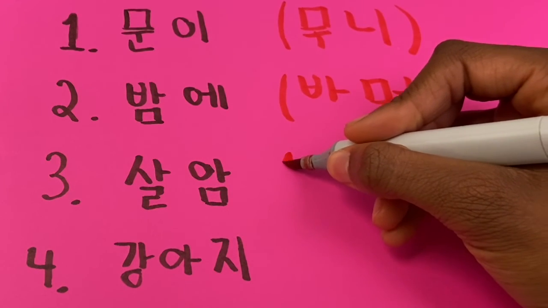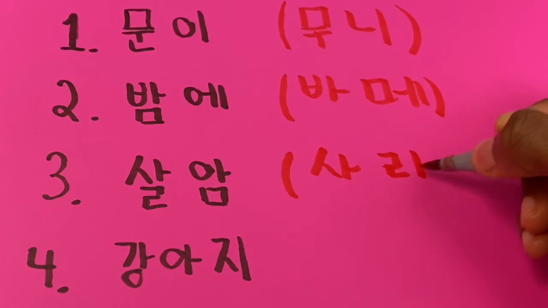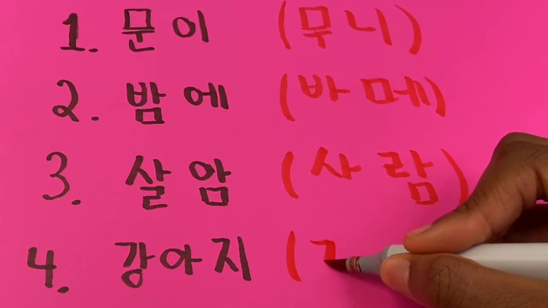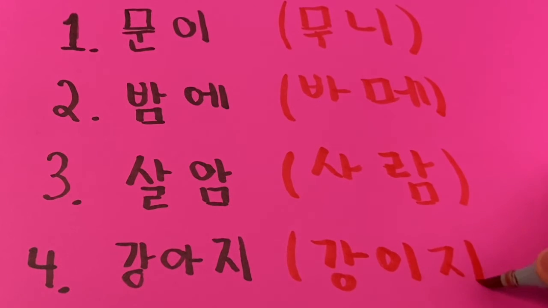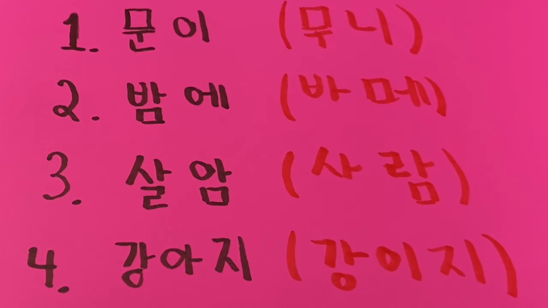Number 3, it's spelled 사람, but it's pronounced 사람. And number 4, it's spelled 강아지, but it's still pronounced 강아지. Of course, I accidentally spelled it 강이지 in parentheses. Now you're probably wondering why it's still pronounced the same. Well, that's because there's an exception.